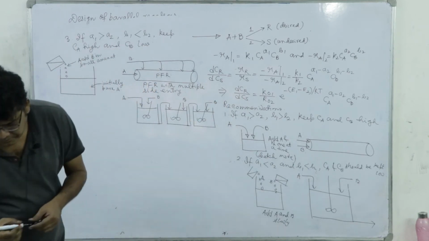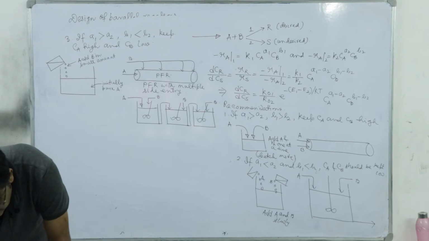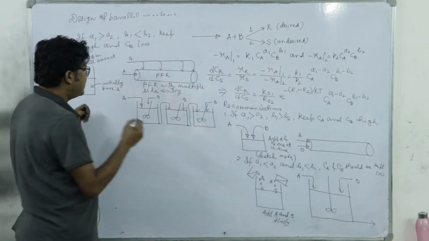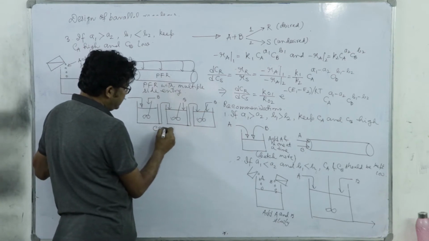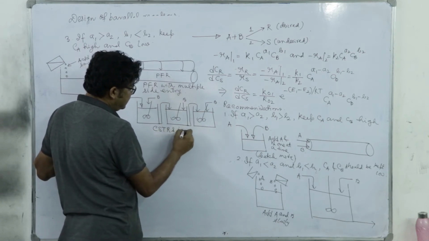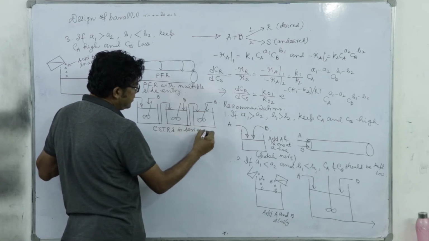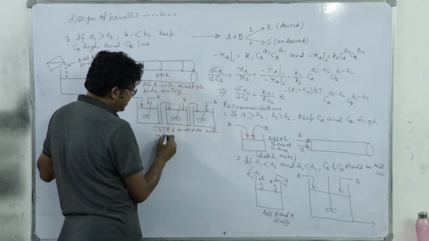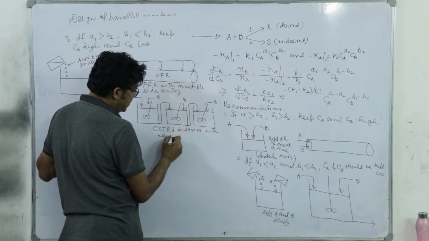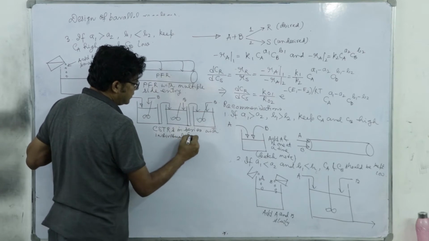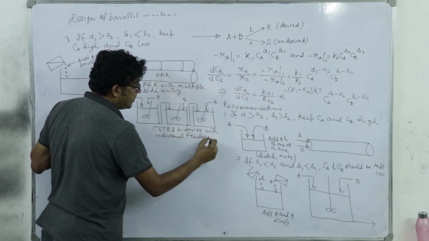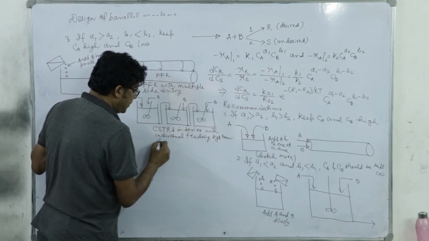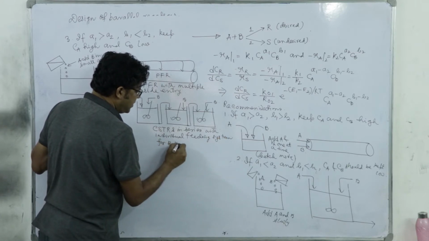So that's the basic idea. You should go on adding B. So CSTRs in series with individual feeding system for B in each reactor.